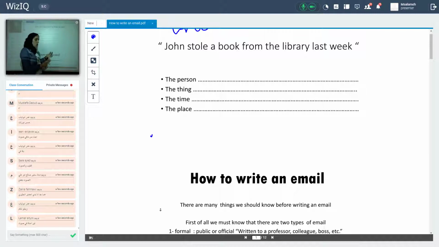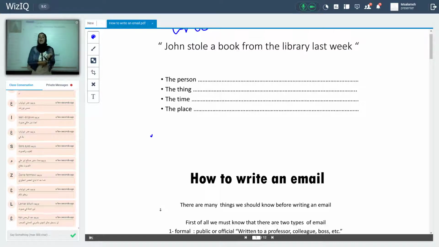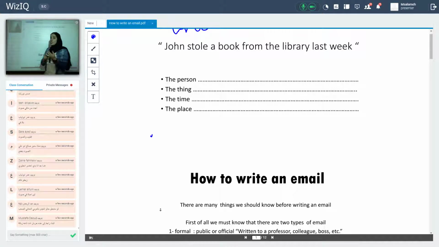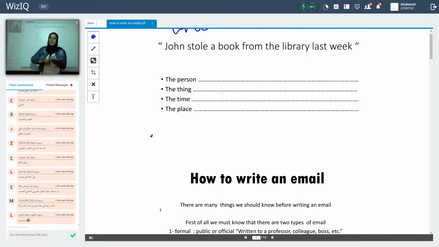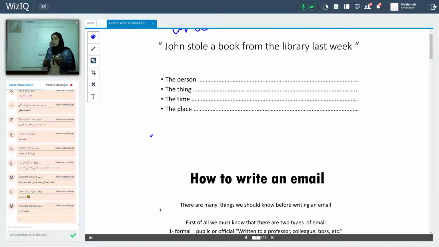We have who for animate things, persons or people. That or which for inanimate things, animals or things. And that for animate and inanimate things. When is for time. Where is for places. And in which is for the way.